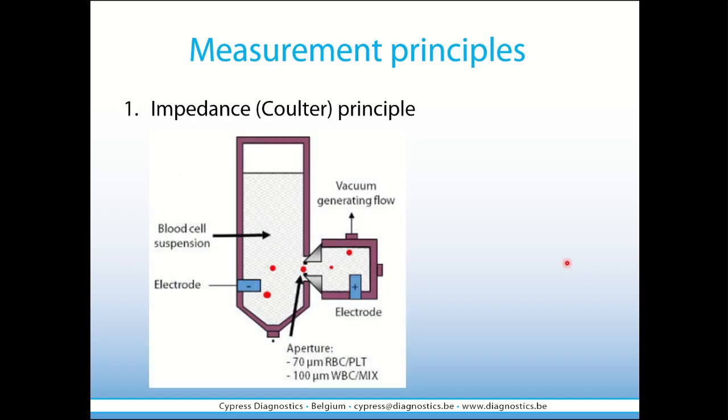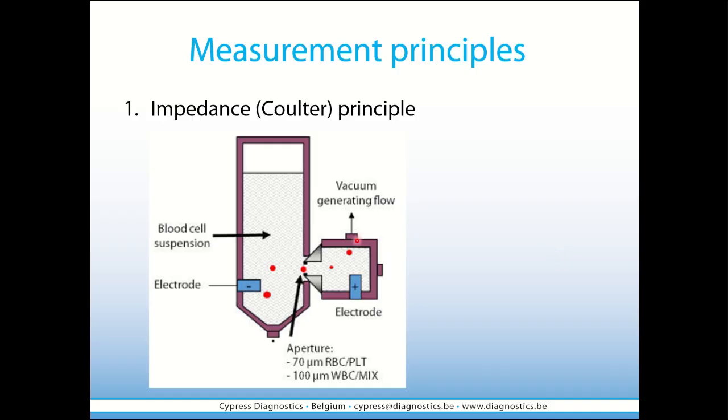The impedance method is based on the fact that cells show great electrical resistance. In other words, they conduct almost no electricity. The cells to be counted are diluted until a single cell suspension in a fluid which conducts an electrical current, the diluent.